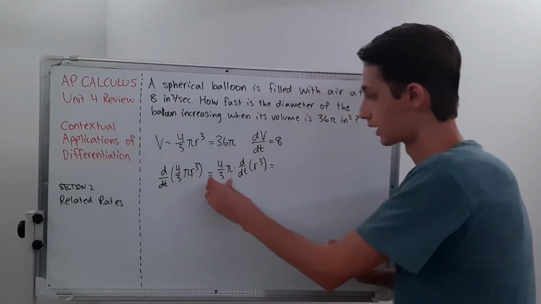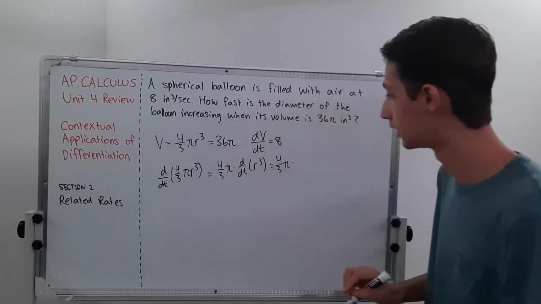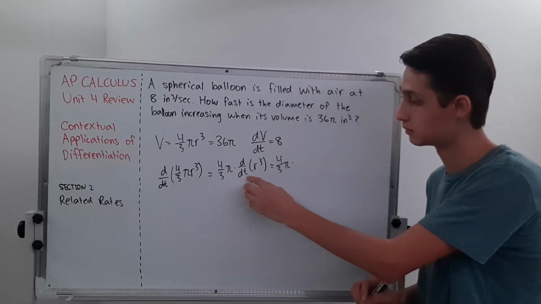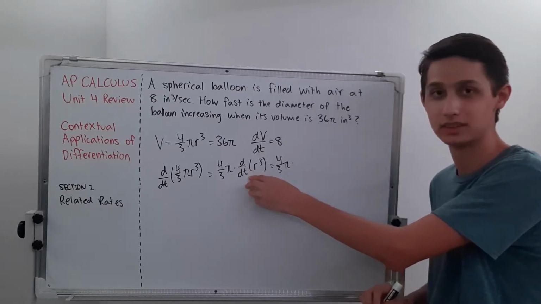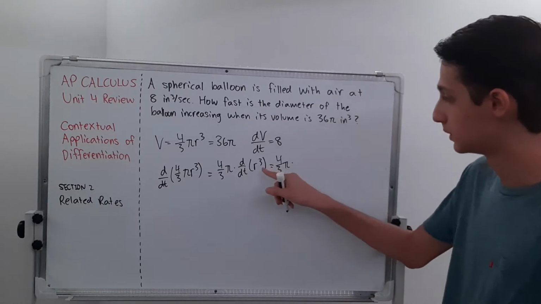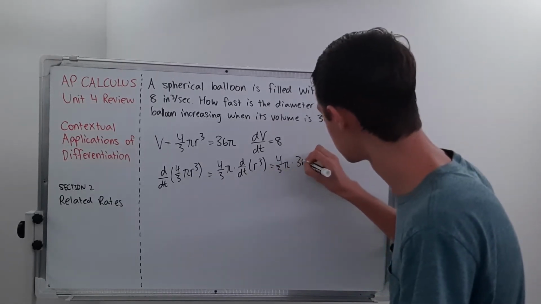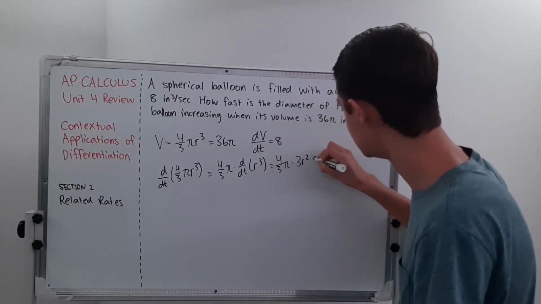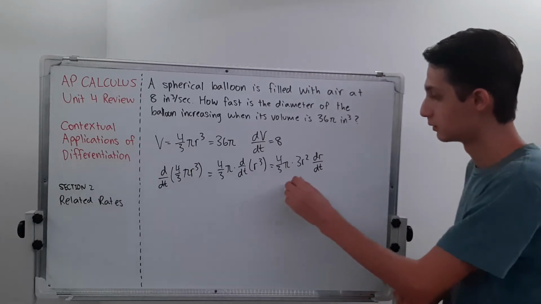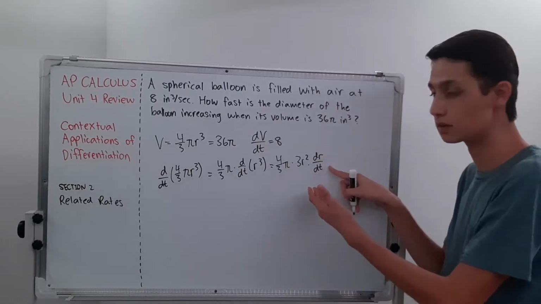Note how we're not taking the derivative with respect to t of t. This is r. So we take the derivative like normal, so it's going to be 3r squared, but then we're going to have a dr over dt. So this is 3r squared times the rate of change of our radius over time.